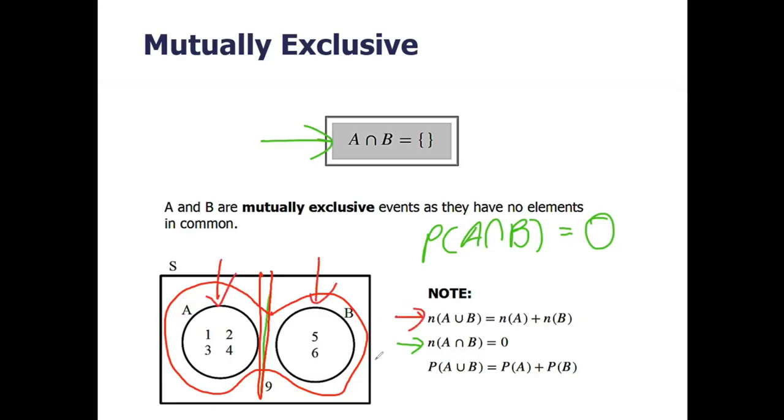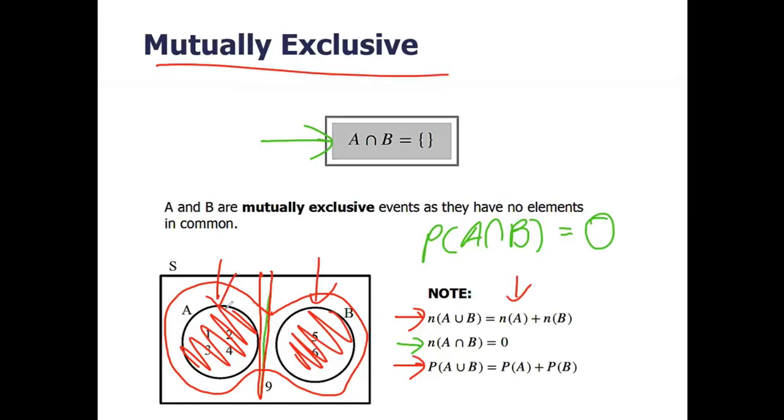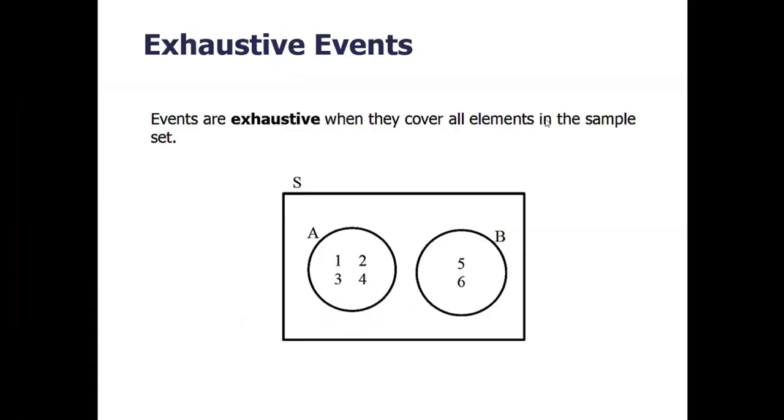So that's why the number of outcomes for A or B will be the number of outcomes in A plus the number of outcomes in B. That will give you both of those. Same for the probability. The probability of A or B in a mutually exclusive situation will be the probability of A plus the probability of B. Nothing much around that idea further.